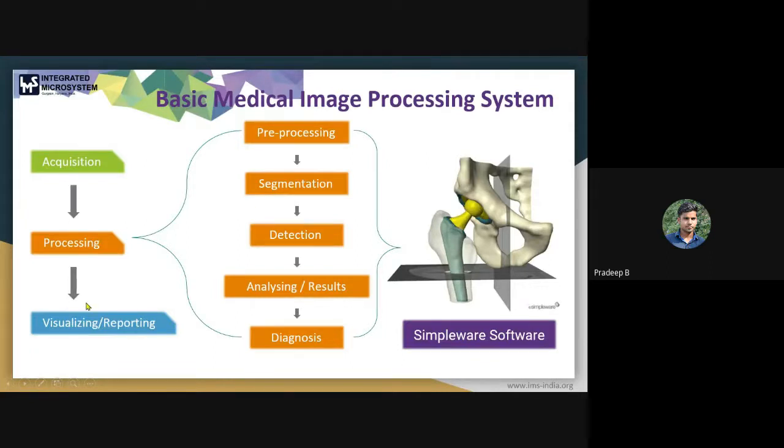Then we have visualizing the reports and exports of our results for research, clinical trial, or teaching purposes. So Simpleware will cover most of these parts: the pre-processing of medical image data, segmentation of our region of interest, and detection of any tumor, any unwanted noise.